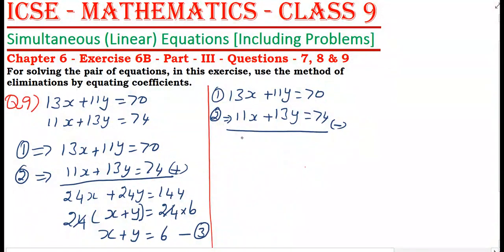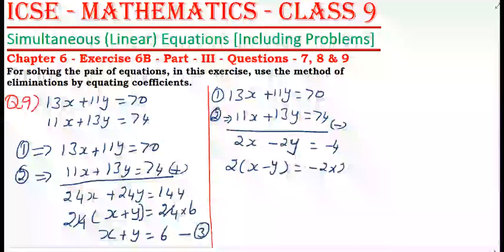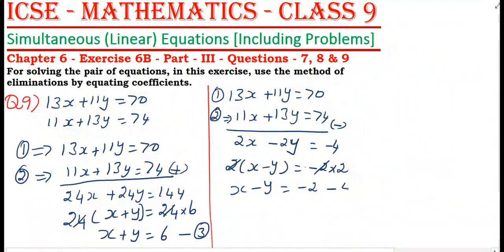Now 13x minus 11x is 2x. Here minus 2y equal to minus 4. So we can take 2 outside. It's x minus y equal to, this minus 4 we can split as minus 2 into 2. So 2 will be cancelled. So x minus y equal to minus 2. This is our fourth equation.